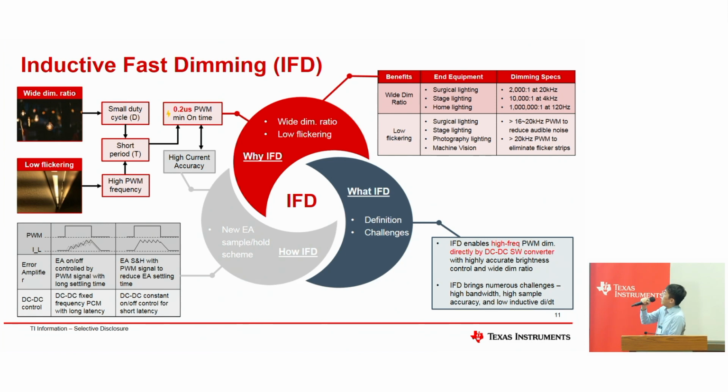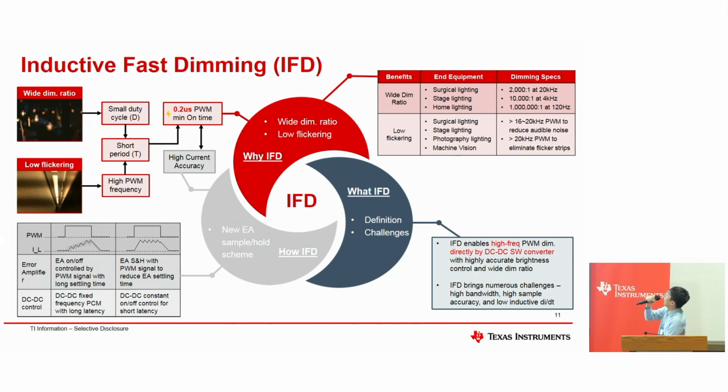So the one key parameter is that our new devices can handle down to 200 nanosecond, or 0.2 microsecond, PWM minimum on time. This number can help in a variety of end equipment, with examples on the right corner.